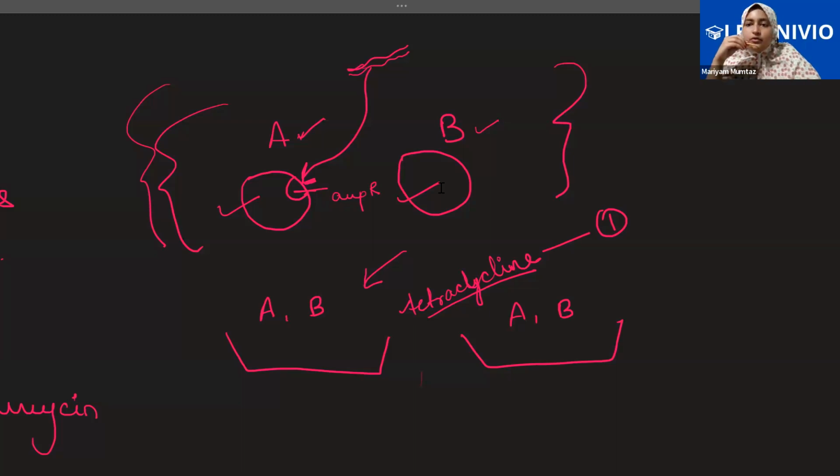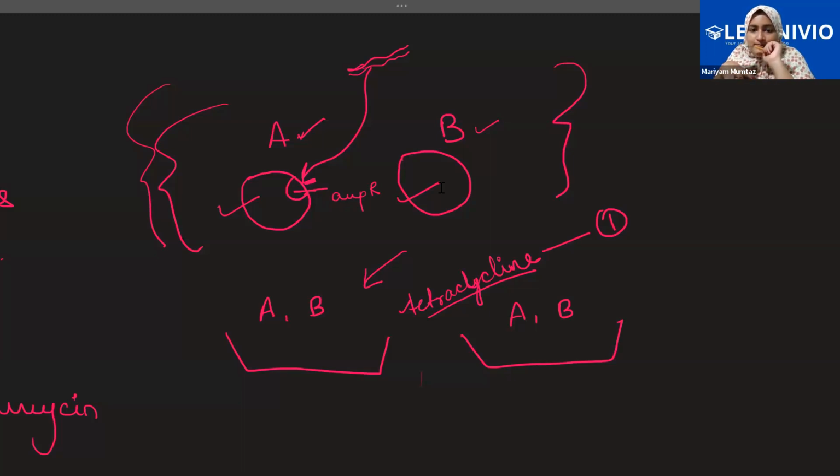It is now no more resistant to ampicillin, but the bacteria B is. Now I have taken both of these bacteria, put them into a plate and added tetracycline antibiotic. Now my question is, will I be able to distinguish them?